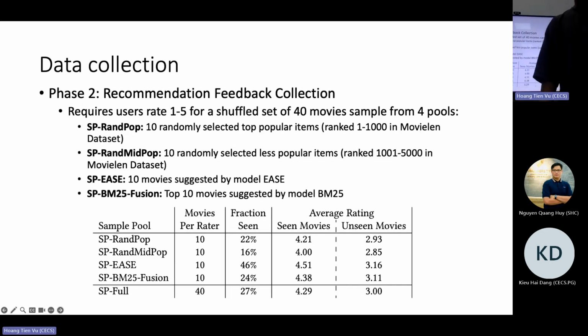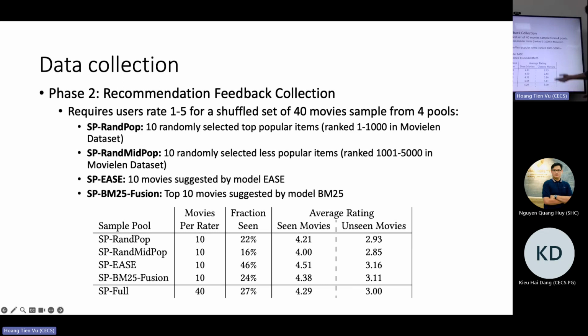In phase two, they require users to rate 40 movies sampled from the dataset. It's really quite small because the movie pool is only 40 movies.